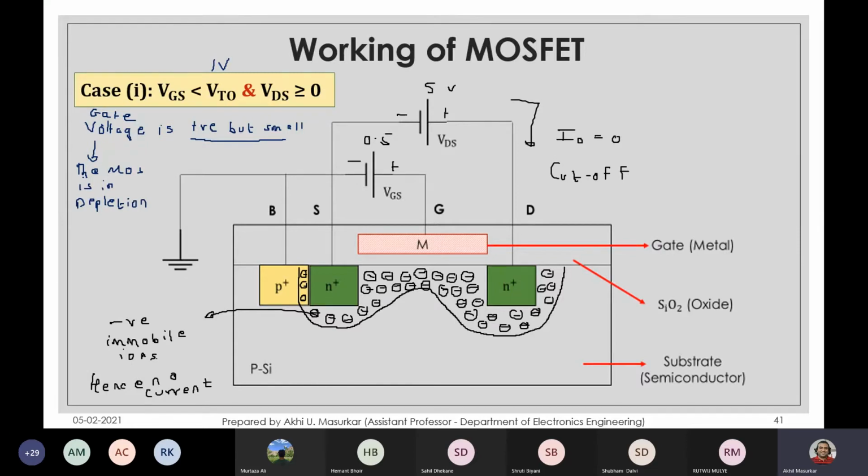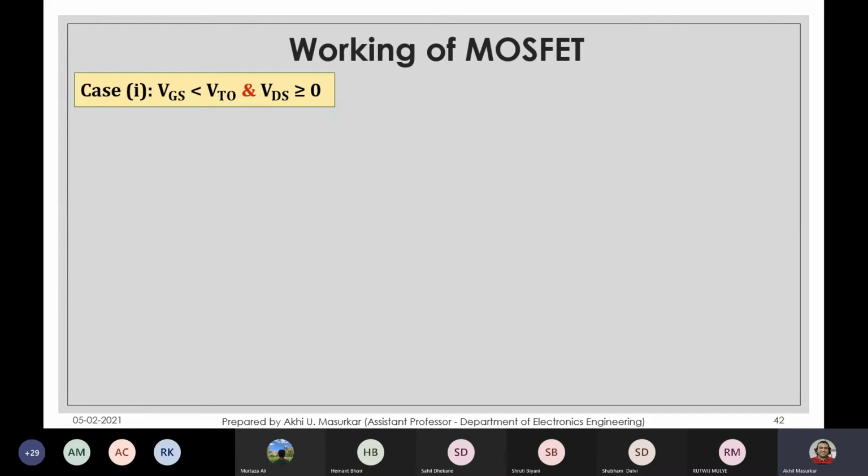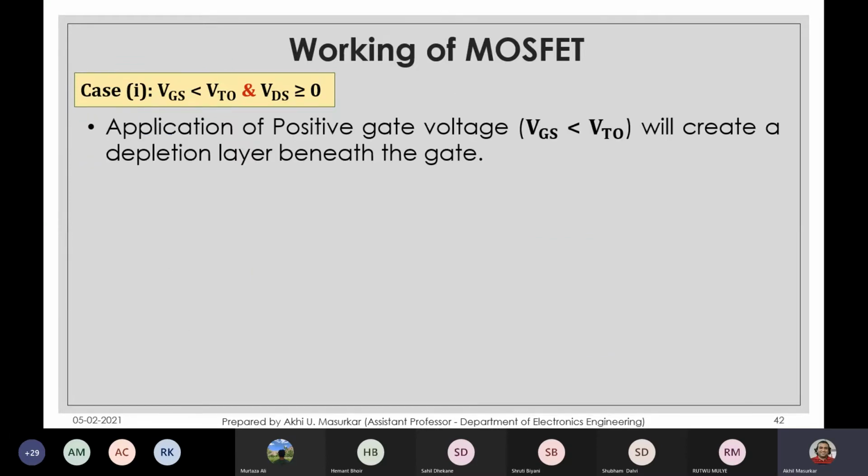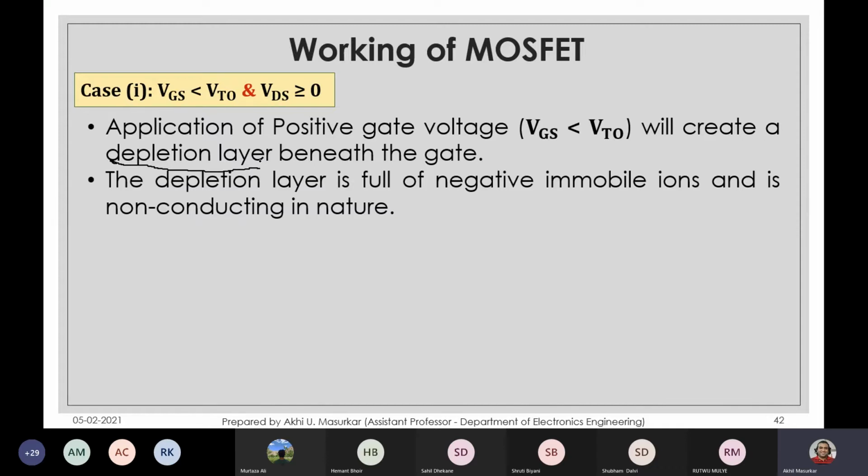Okay, so my case 1 is the same, but let us just look at the explanation. Application of positive gate voltage VGS, which is less than VTO, will create a depletion layer beneath the gate. The depletion layer will have immobile ions.